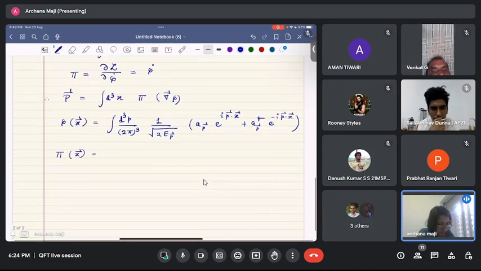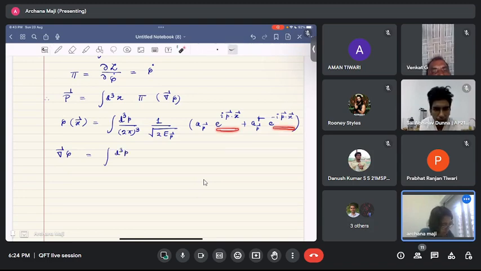Since we need the gradient of phi, let me compute that also. The gradient will hit these exponentials and give us i p from the first term and minus i p from the second term.